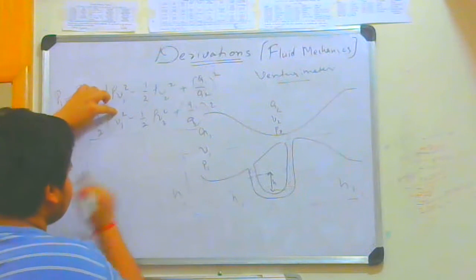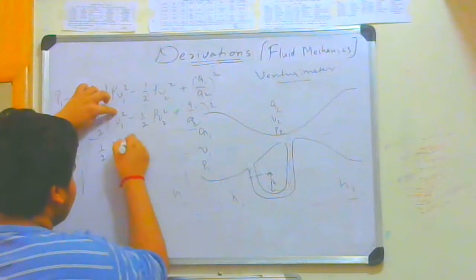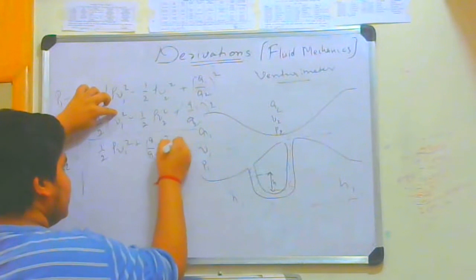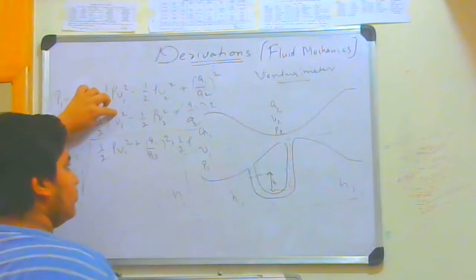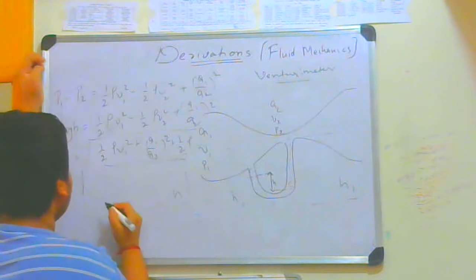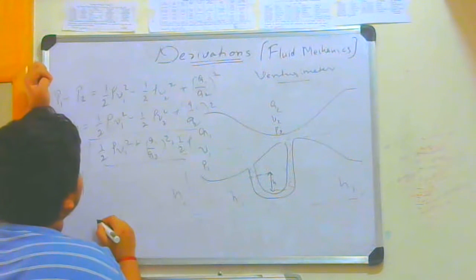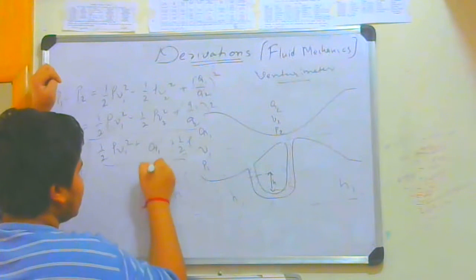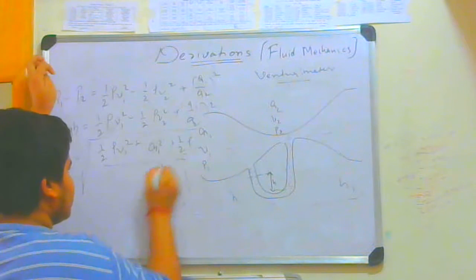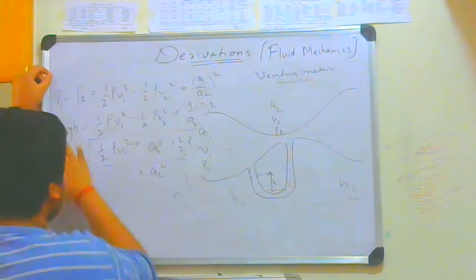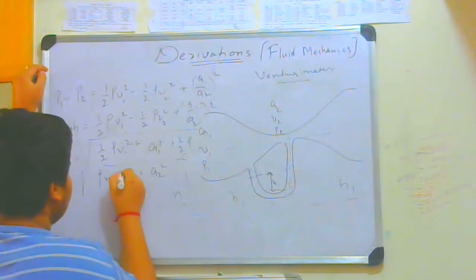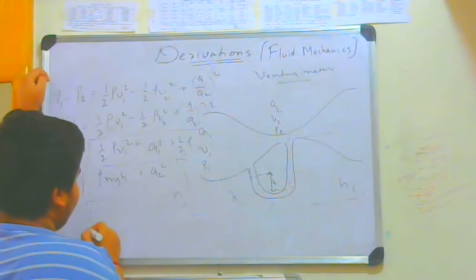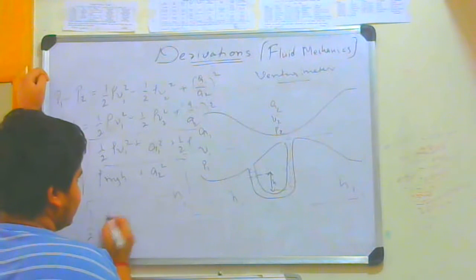So I'll be left with half rho V1 square plus A1 upon A2 the whole square plus half rho, rather इसको आप A1 यहाँ पे A2 आ जाएगा, this will be square, okay, plus ये नीचे आ जाएगा. So rho mgh. So from here I'll get under root of 1/2 कॉमन ले सकता हूँ मैं दोनों टर्म से.